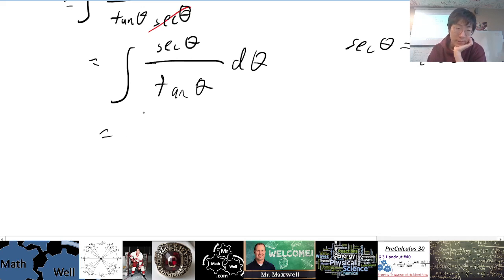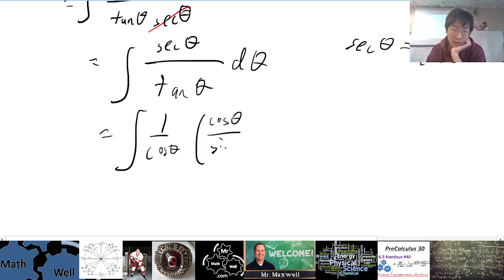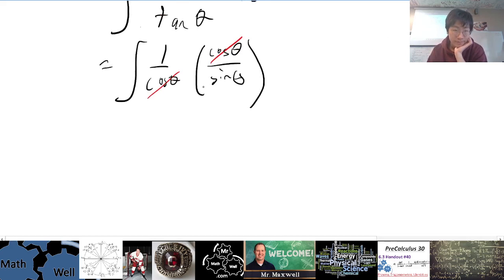So now we could rewrite this integral as 1 over cos theta, and if you have tan in the denominator, tan is typically sine over cos, but if you have it in the bottom, then you'll have cos theta over sine theta. All right, and let's notice that cos on the top cancels out with cos on the bottom, so now we're just left with the integral of 1 over sine theta d theta.